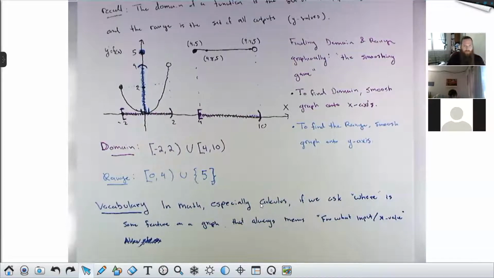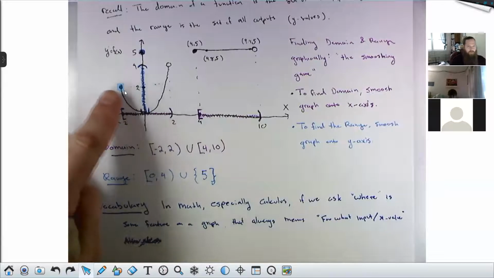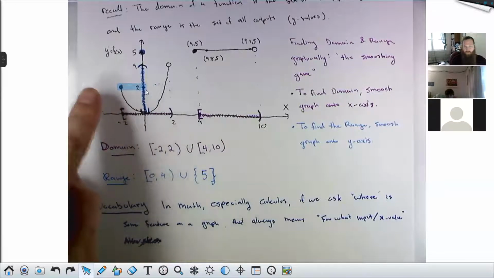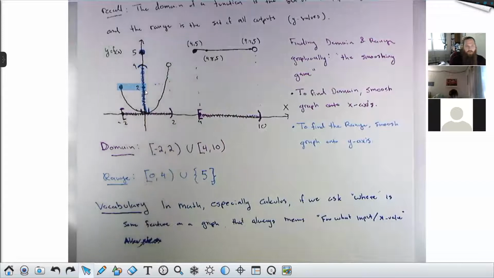But because, for example, if you were to try and tell me what's going on at this point right here, you could say that's the point where y is equal to 2, which is not a false statement, but it doesn't uniquely identify this point. If you tell me this is the point where x is equal to -2, there's only one point on the graph whose x value is -2, but there's 2 points on the graph whose y value is +2.